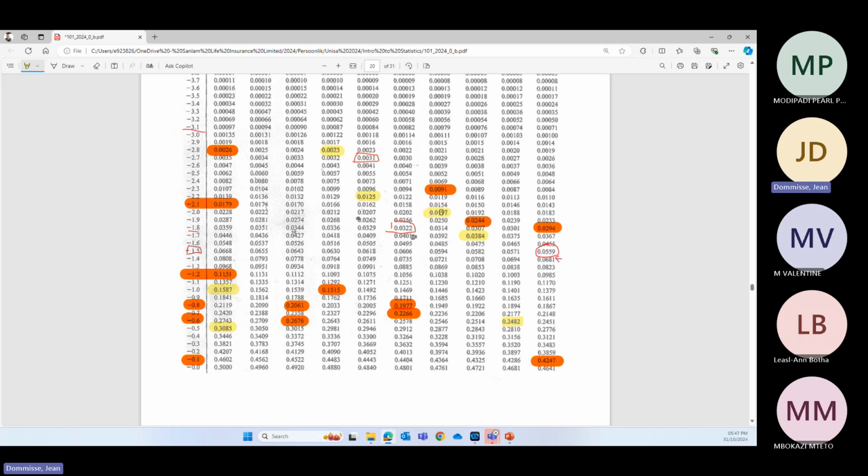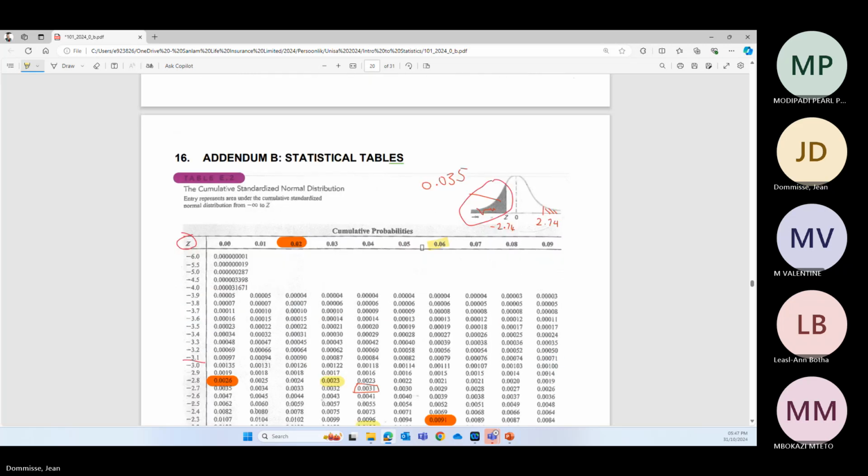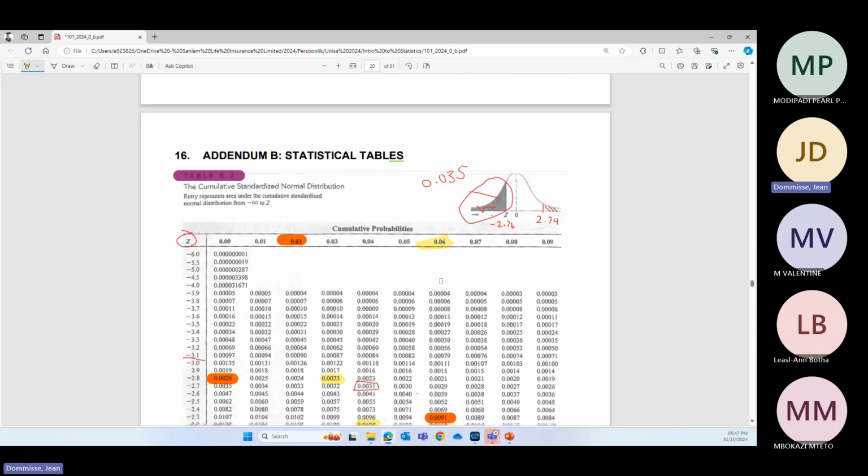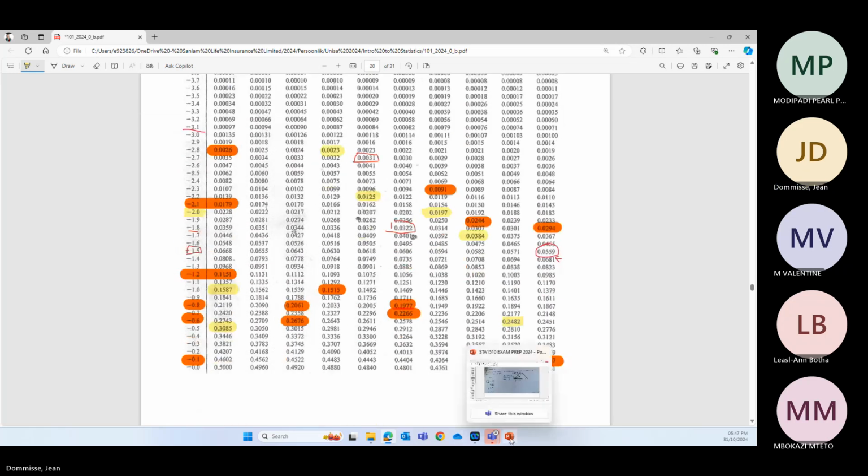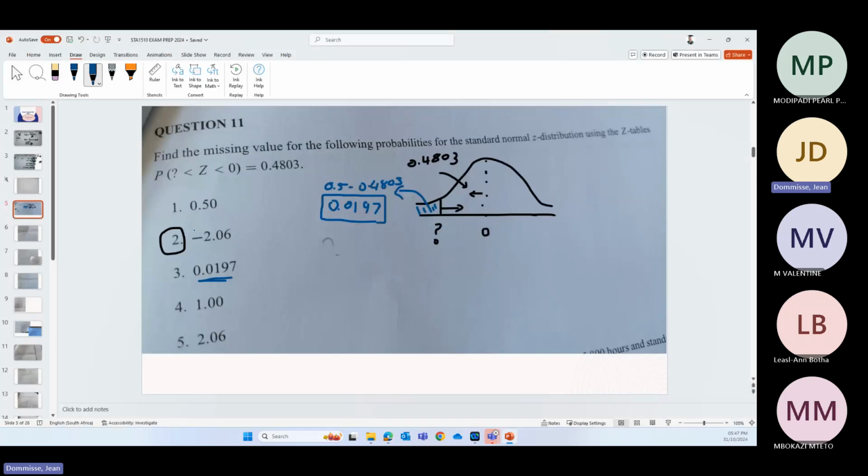Okay, so there is the 0197, and that is at minus 2.06. Okay, so we're basically going to look for this small area.